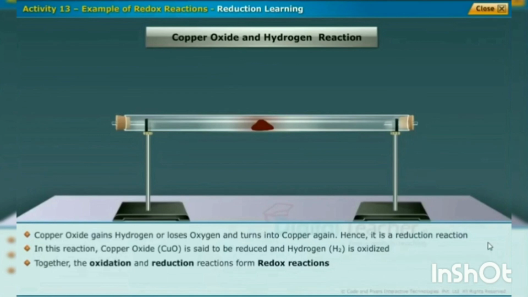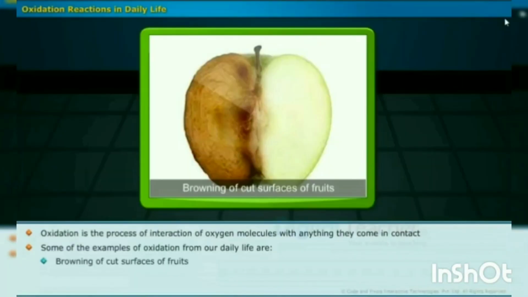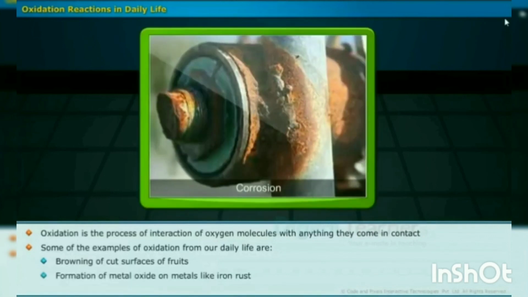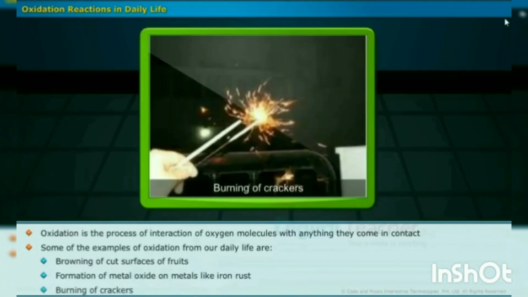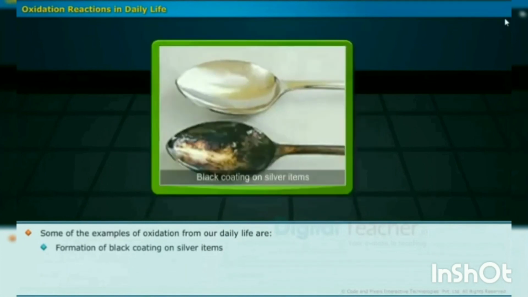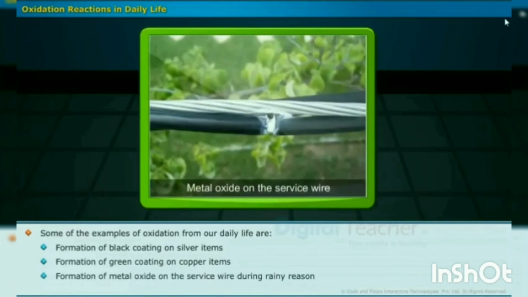There are a few examples of these reactions in our daily life. For example, browning of cut surfaces of fruits, formation of metal oxide on metals like iron, burning of cracker, formation of black coating on silver items, formation of green coating on copper items, formation of metal oxide on the service wire during rainy season, and the spoiling of food materials due to oxidation.